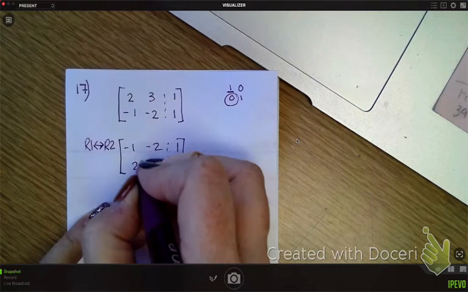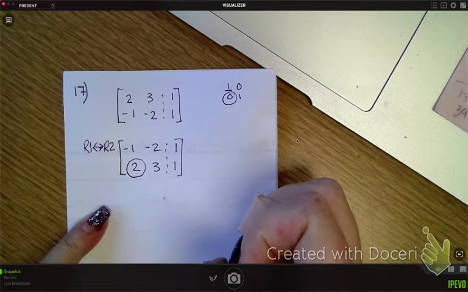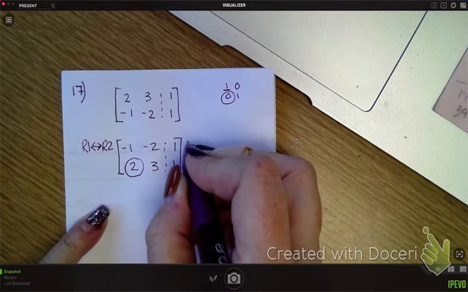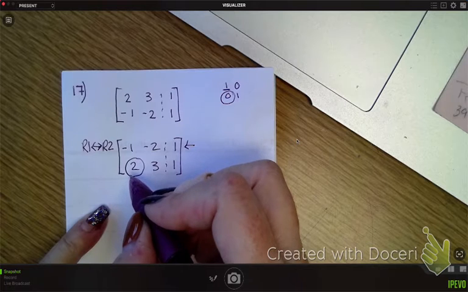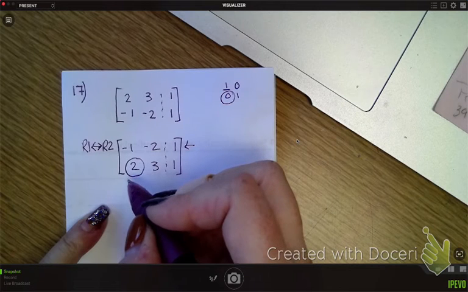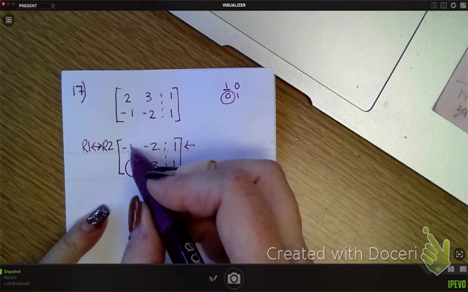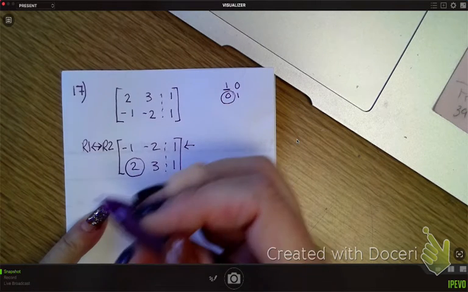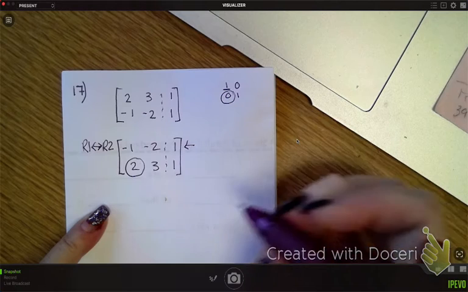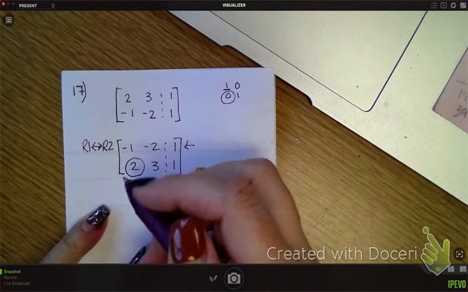So this 2 needs to be a 0. That 2 is in column 1, so I need to use which row? Row 1. What is the only thing I can add to 2 to get to 0? -2. So can I make 1 into -2? Can I make -1 into -2? Yes. Multiply by what? 2. It's already negative.